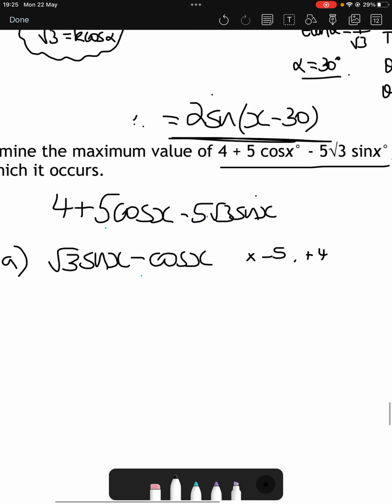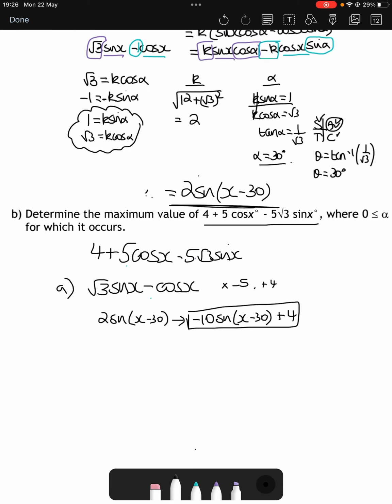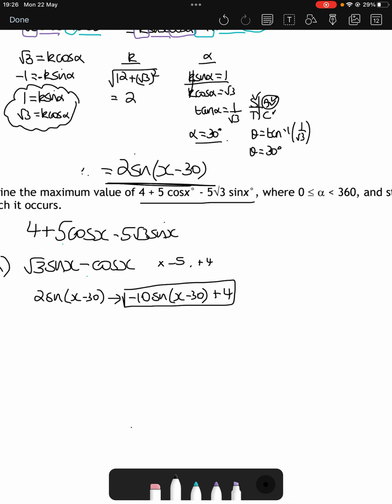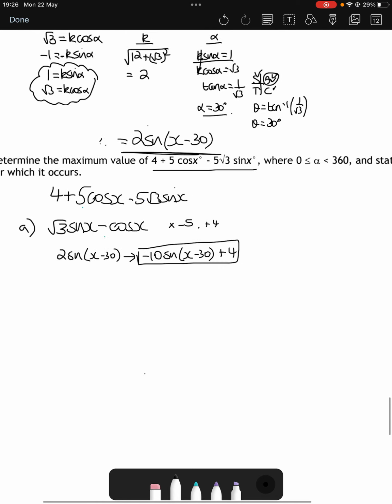So we need to take our 2 sin(x minus 30) and change it to times by negative 5, minus 10 sin(x minus 30), and we need to add 4, and this is what we're now working with. Okay, so it's not a straightforward, oh, it's the same as what you did in part A. Actually, they've times it by negative 5 and they've added 4. Okay, so we need to figure out the maximum value of that graph and where it occurs.